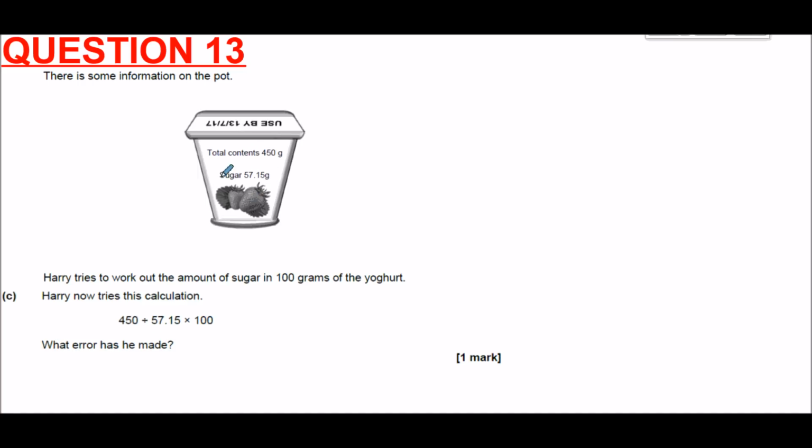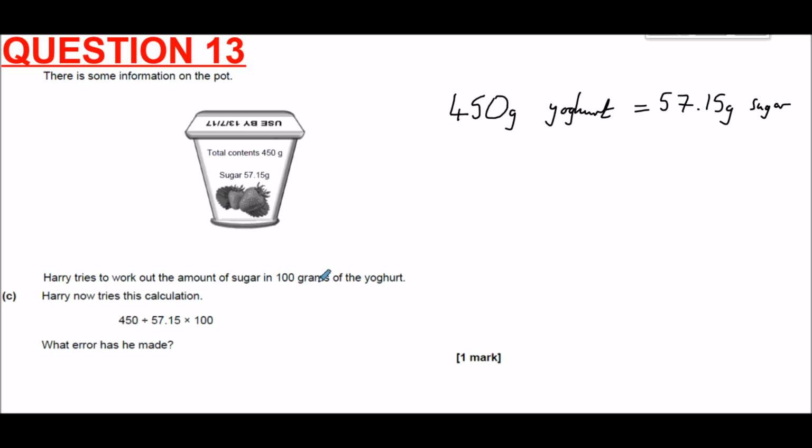And so if the content is 450 grams, that relates to 75.15 grams of sugar. So 450 grams of yogurt. I forgot what it was then for a second. I guess 57.15 grams of sugar.